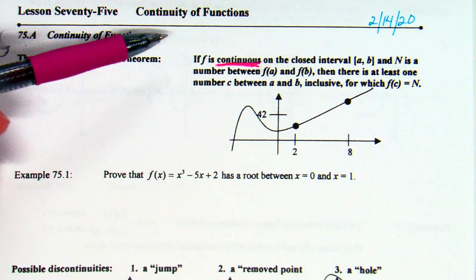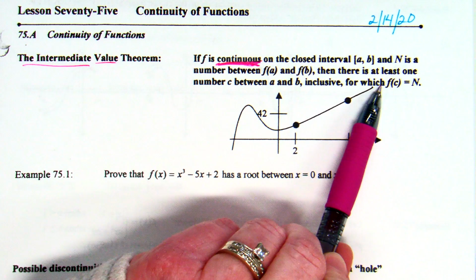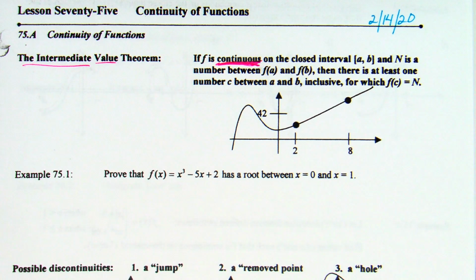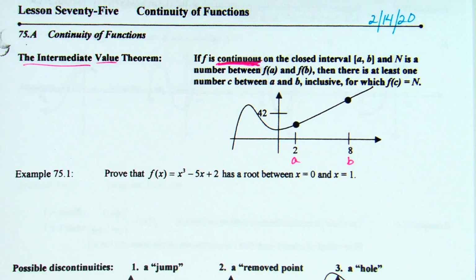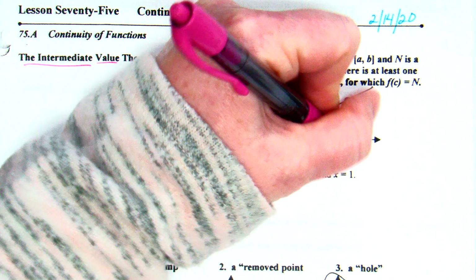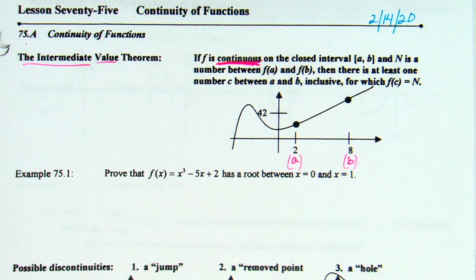So, if f is continuous, as we look at this picture, it's continuous. There's no jumps, there's no gaps, there's no holes. It's continuous on the closed interval from a to b. So, meaning 2 and 8 are essentially my a and b values here. Okay, so if f is continuous on the interval from a to b, so from 2 to 8, and n is a number between f of a and f of b.